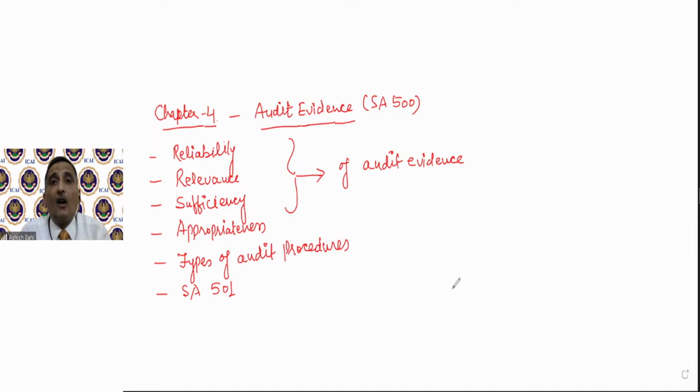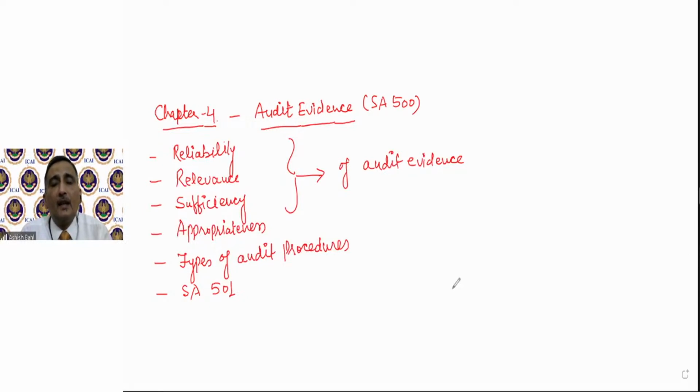And we had also discussed various types of assertions relating to class of transactions, relating to account balances, relating to disclosures and presentation. So all these things we had discussed, like occurrence, accuracy, existence, in our last session.